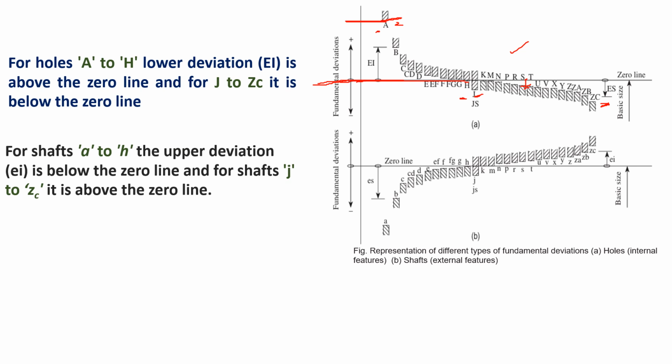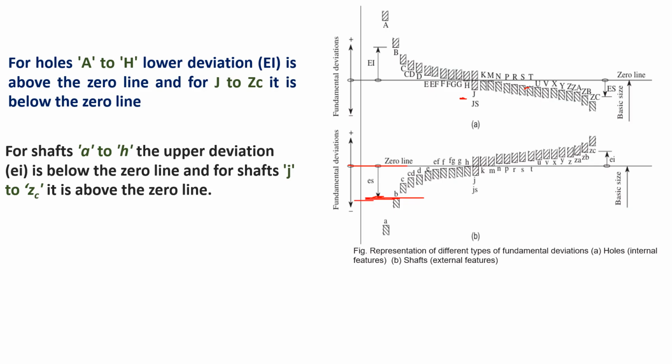Similarly, observe the schematic representation of the fundamental deviation of the shaft. For the shaft, small a to small h, the upper deviation is below the zero line, and for the shaft, small j to ZC, it is above the zero line. What is the meaning of the upper deviation? Upper limit of the part minus basic size.